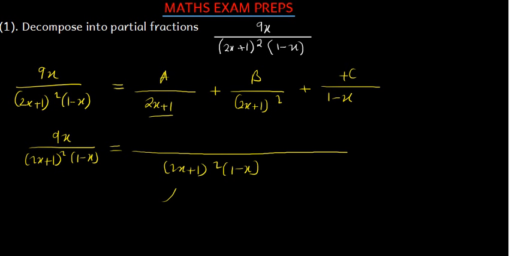So this here, 2x plus 1 is going to remain, and even this one is going to remain, and then what remains multiplied by the A. So that will give us A(2x plus 1)(1 minus x). Then this one into here, we're going to have this as a remainder. So that is going to give us B(1 minus x). And then this one here, we're going to have this to remain. So we're going to have C(2x plus 1) squared.